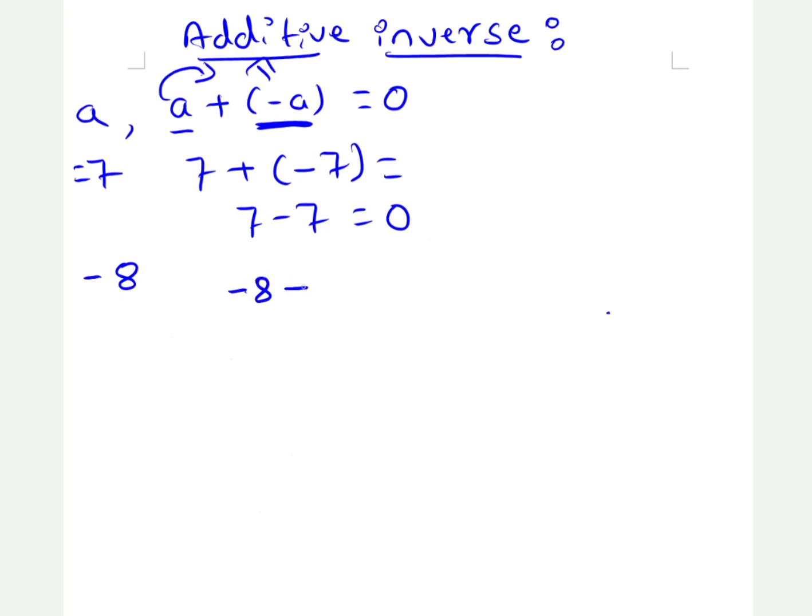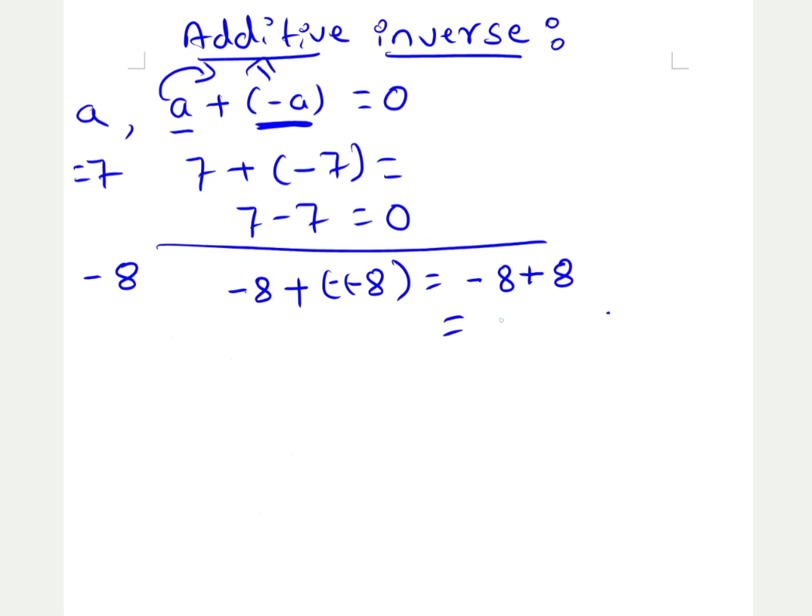Minus 8 plus minus of minus 8: minus into minus is plus, so minus 8 plus 8 is equal to 0.